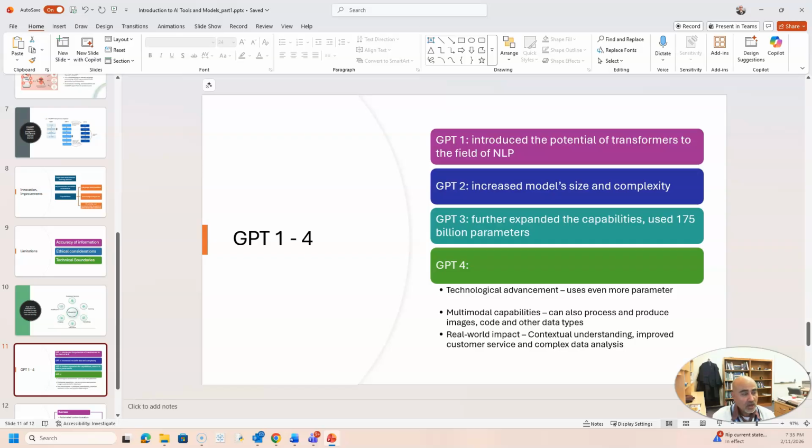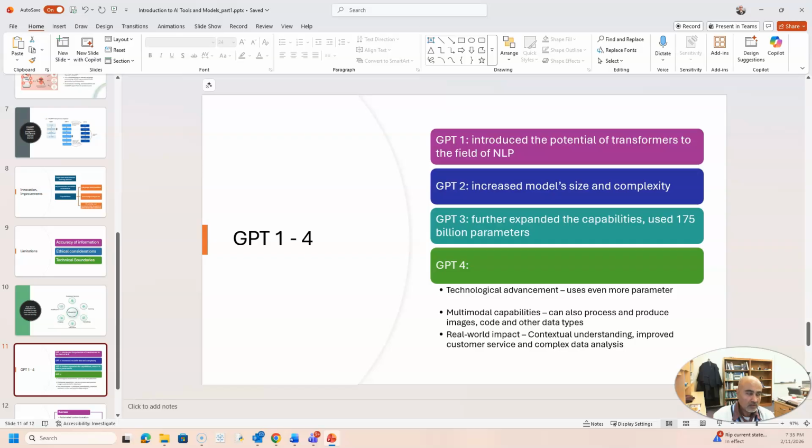AI initially started, or the first generation had really transformed the industry, with GPT, which is the generative pre-trained transformer.